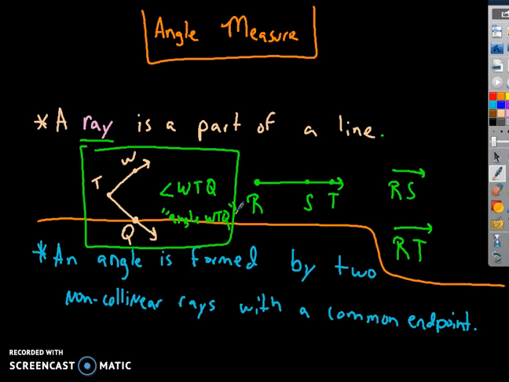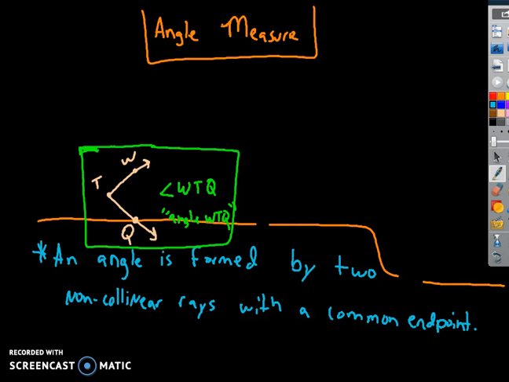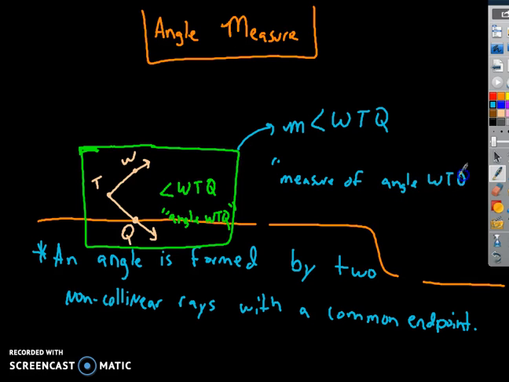Another way you see angles a lot is this. I'm going to erase some of this stuff because I'm going to need the space. Another way angles are represented is like this. This angle could be written as a little m and then the angle symbol WTQ. The only difference between these is that this says angle WTQ, and that little m means measure. So this reads measure of angle WTQ.